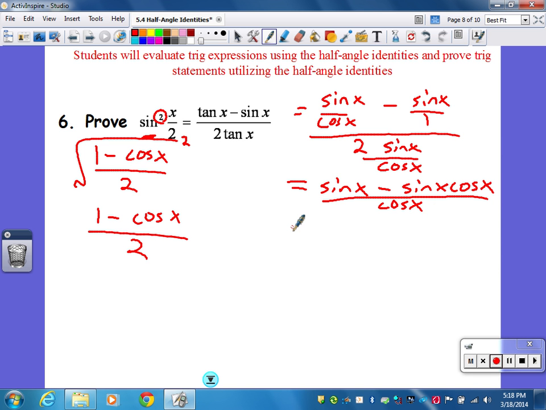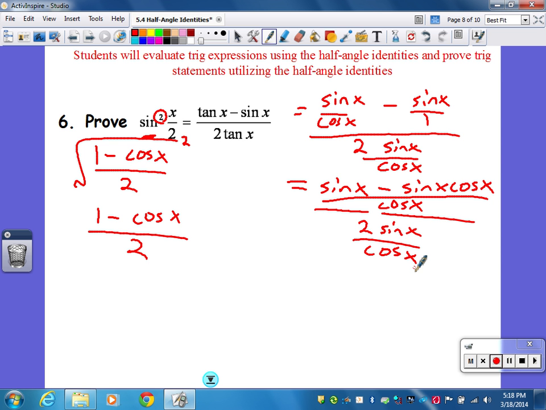All over cosine x. Okay, now we know that's all over. I almost forgot about the bottom half. That's all over 2 sine x over cosine x.